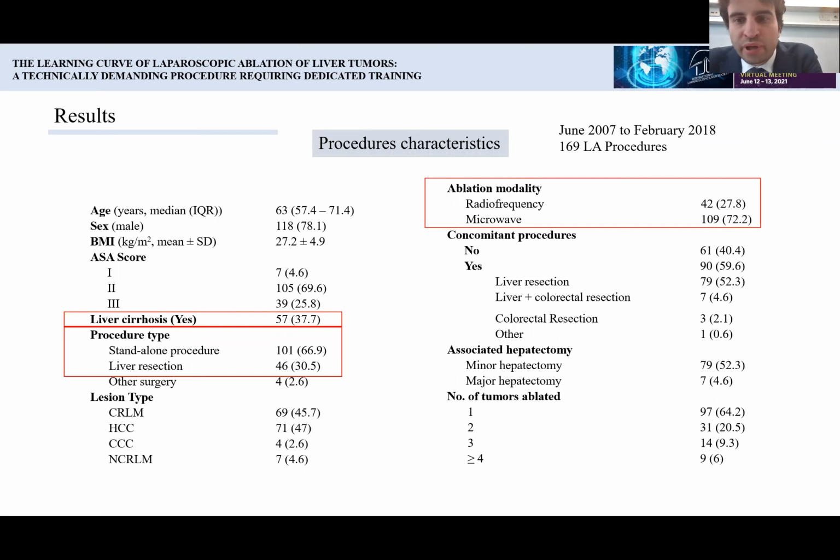Over a 10-year period, 169 procedures, including laparoscopic ablation, were performed. The majority of laparoscopic ablations were performed as standalone procedures, while 40% of them were performed on cirrhotic livers. Microwave ablation was the most used technology, and in more than half of the procedures, only one lesion was ablated.